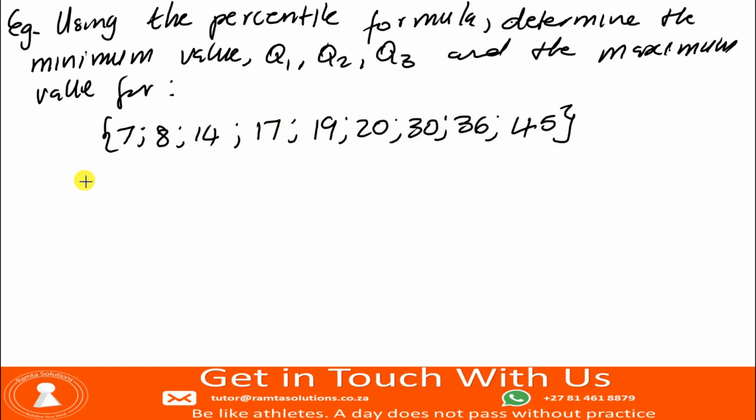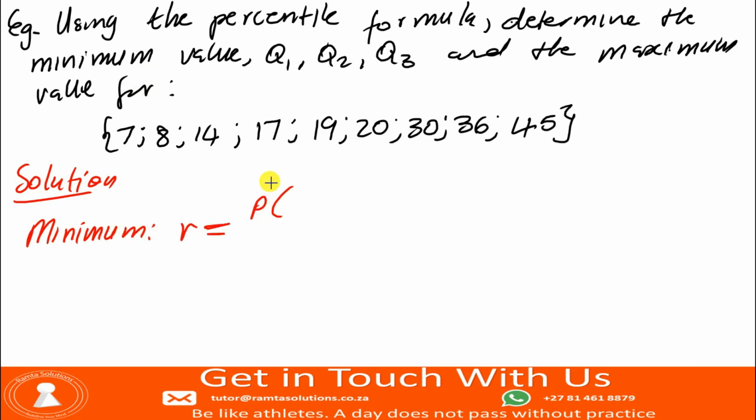Now let's try to find the minimum value. Remember, the minimum value is the 0th percentile. So our solution for the minimum: we know R equals P times (n minus 1) over 100, plus 1.